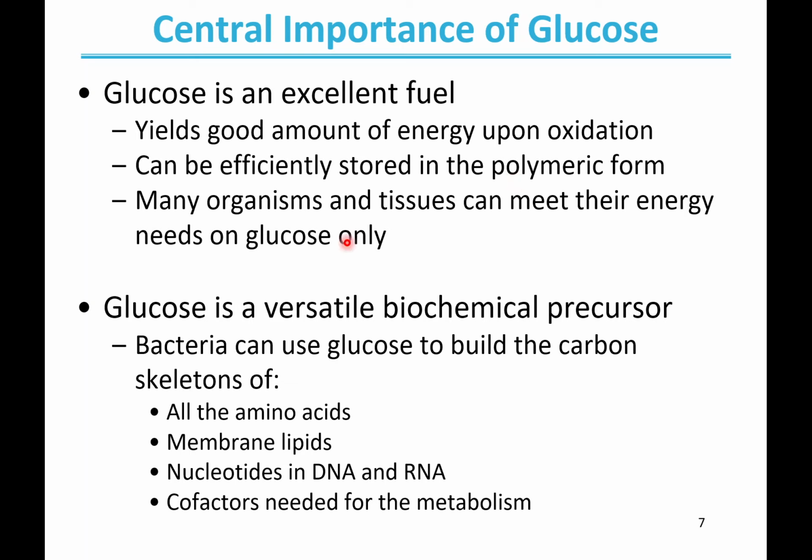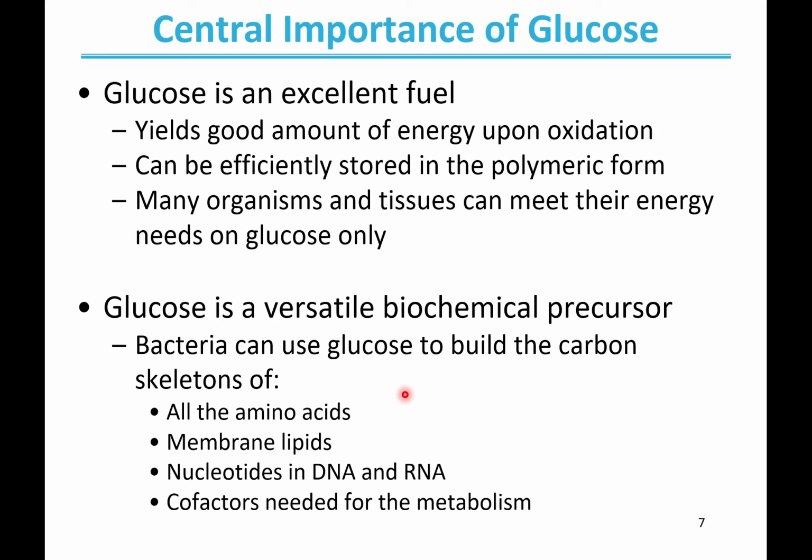Many organisms and tissues actually meet their energy needs on glucose alone. And the brain is one of those organs that can survive primarily, or does survive primarily, based on glycolysis and sugar, I should say, glucose.